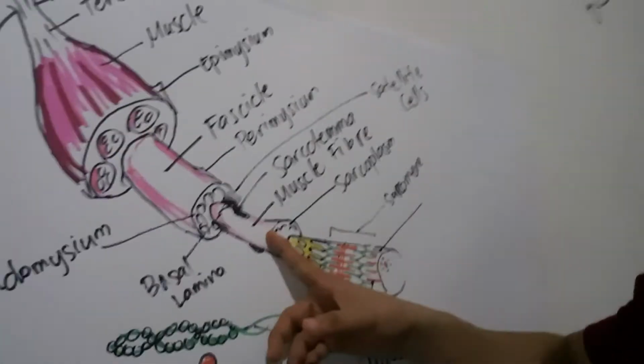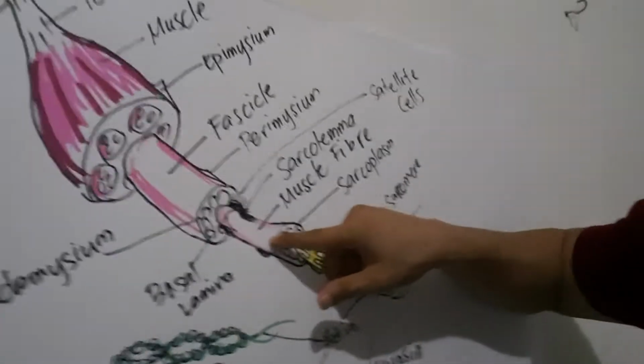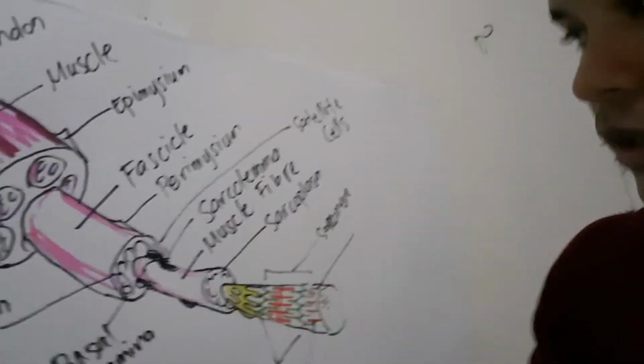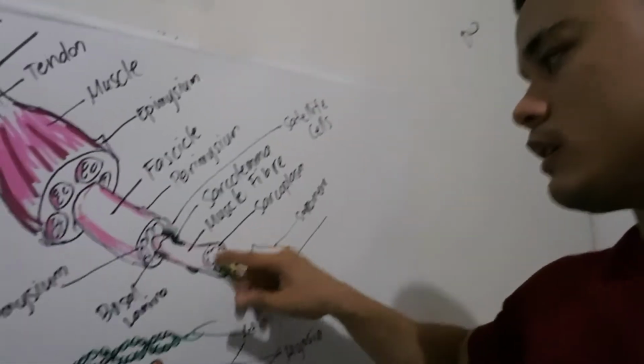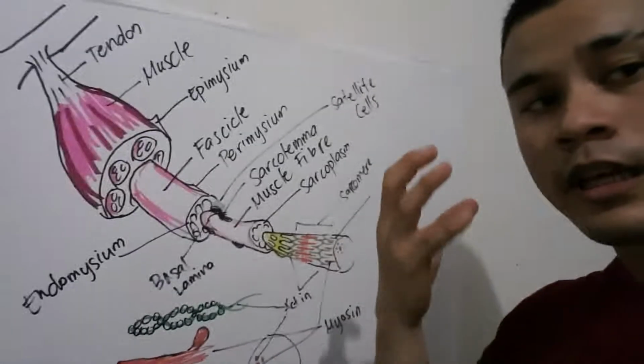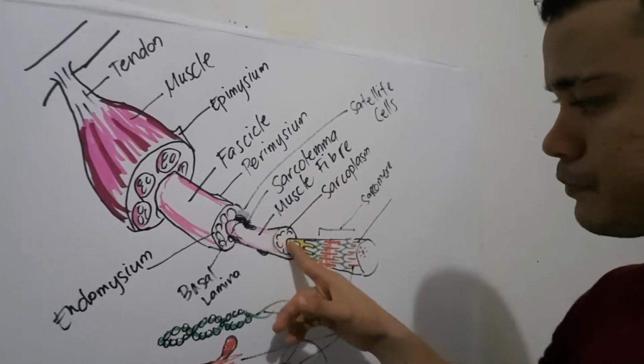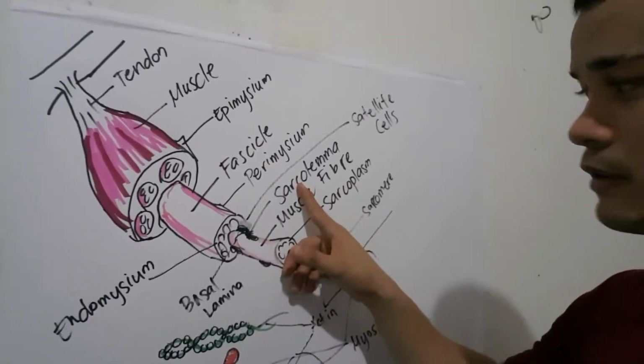The muscle fiber is covered by a connective tissue called, no, not connective tissue, but the plasma membrane that encapsulates the muscle fiber is called the sarcolemma.